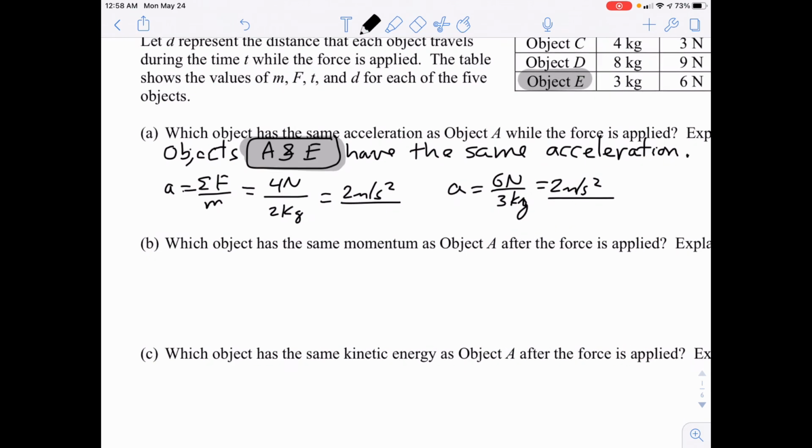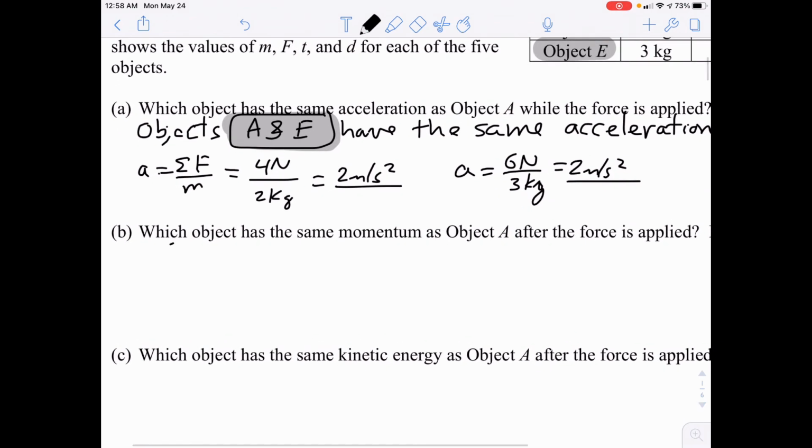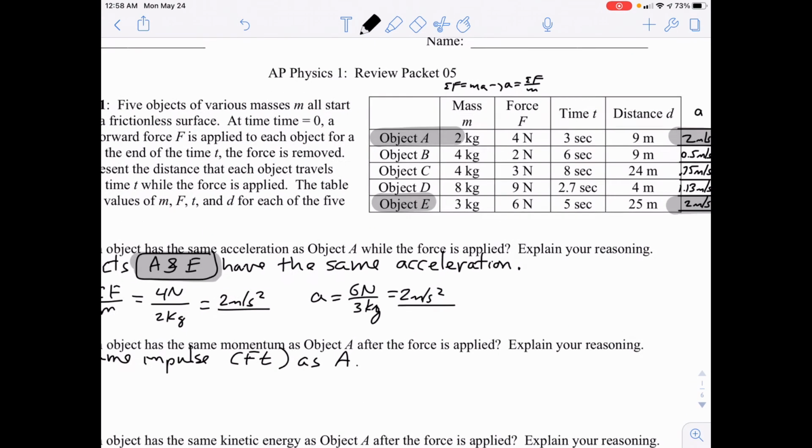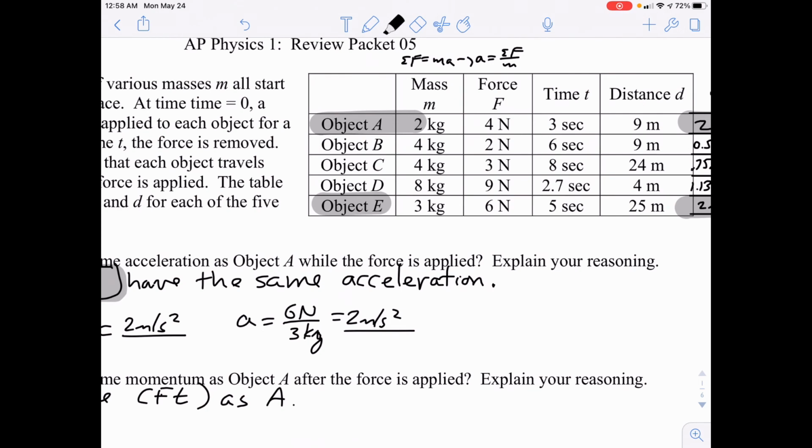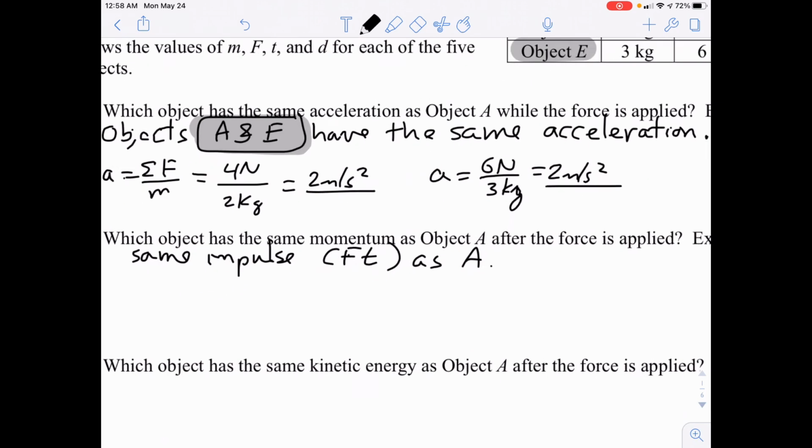So we're looking to see which one has the same impulse, which is force times time, as object A. Well, the force times the time of object A is 12 newton seconds, or 12 kilogram meters per second of change in momentum. So which one has the same force times time? Well, it would be object B, 2 newtons times 6 seconds.